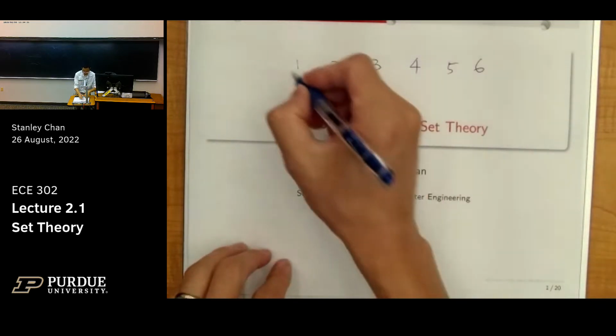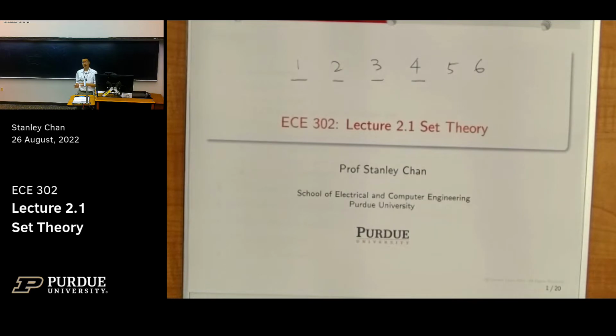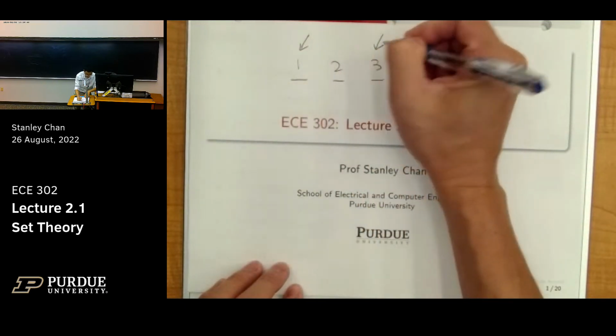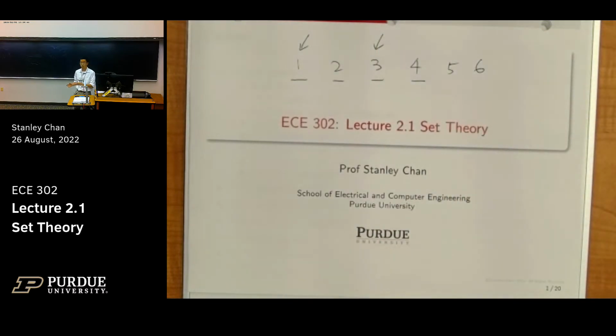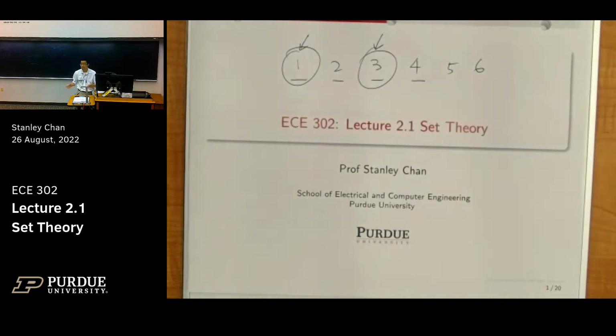So that would be 1, 2, 3, and 4. And then I want odd numbers. So what do you do? Well, you look at this list of numbers and you say, okay, that's 1 and that's 3. Out of the 6 possibilities, this is 2 over 6. So this is the very simple calculation.